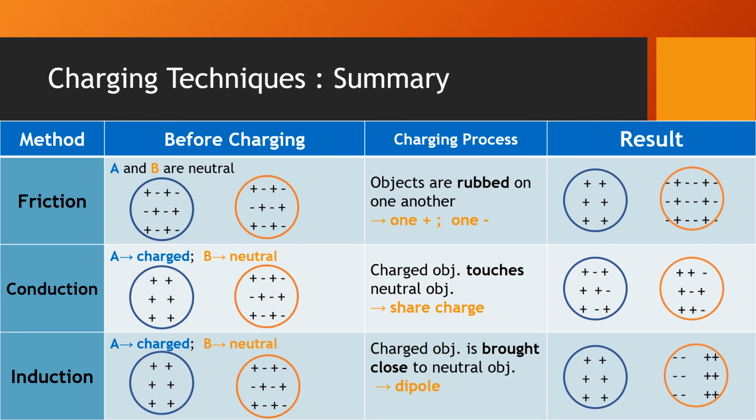The charged item touches the neutral item, and the result is that they share that charge. And my last, in induction, I still have a charged item and a neutral item. The charged item is brought close to the neutral item, but not touching it, and then I get a rearrangement of the electrons in the neutral item and the same charge in the charged item.